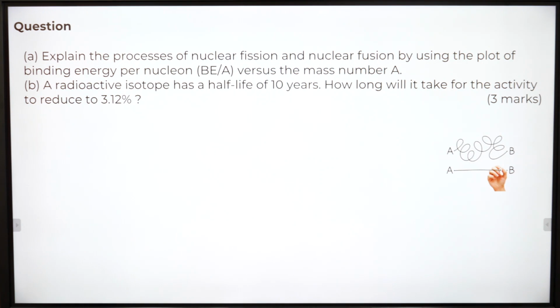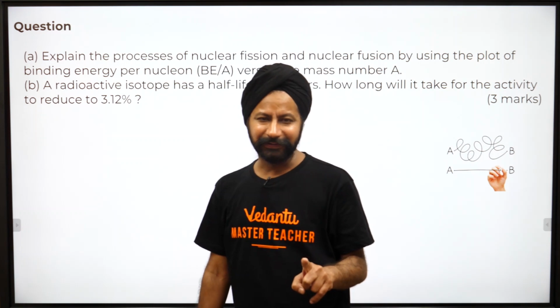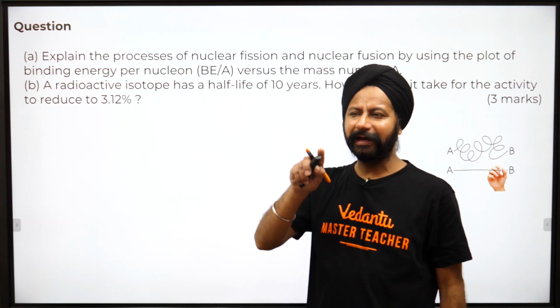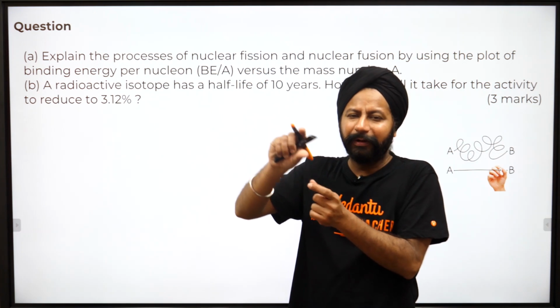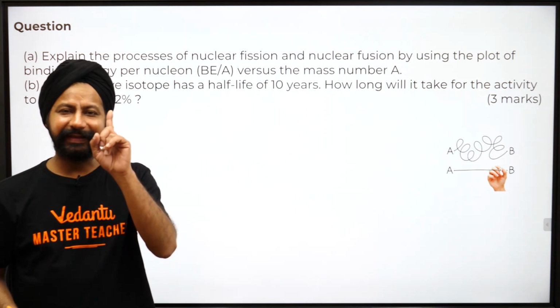Explain the process of nuclear fission and fusion by using the plot of the binding energy. We already did this. You're supposed to be able to present it yourself. You make that graph and then show, okay, when fusion is happening, two of the daughter nuclei are combining to form a bigger one, but now there is more binding energy. More binding energy means negative more.